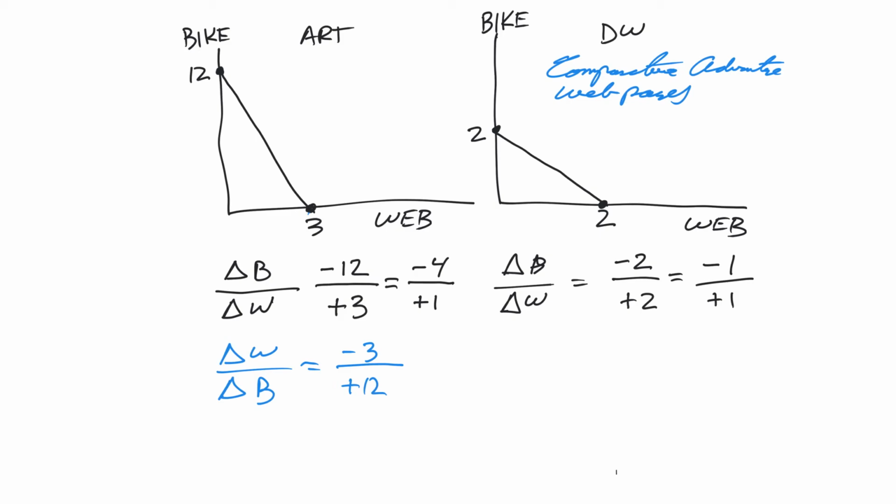What's -3 divided by 12? There we go. -3 divided by 12 is -0.25. So 1 bike repair costs Arthur 0.25 web pages. Now let's do the same for DW.